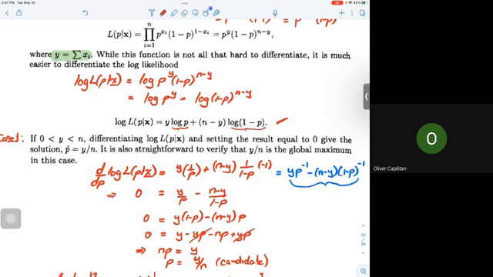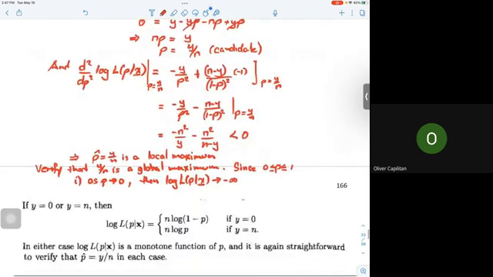Kasi log of p here, log of 0, negative infinity yan. Kung ito siya 0, log of 1 is equal to 0. So ang second term, 0. So, negative infinity.